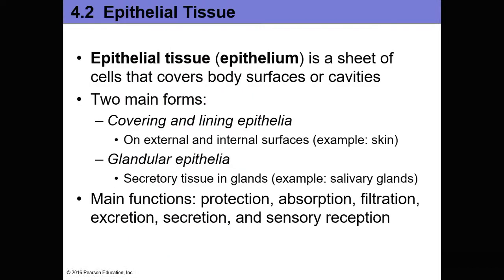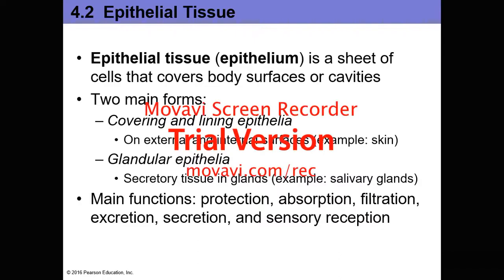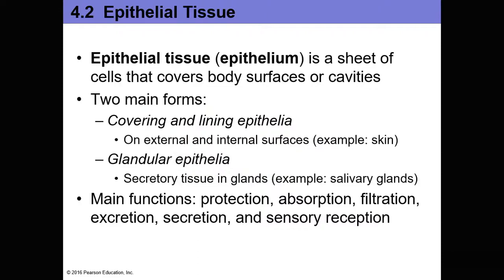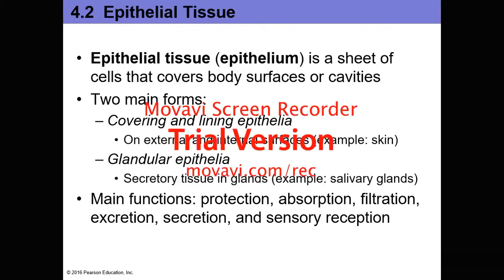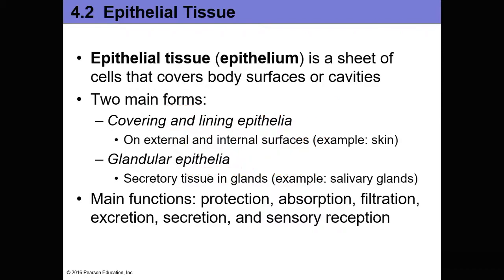Epithelial tissue is a sheet of cells that covers either the external body surfaces or internal cavities. There are 2 main forms: the covering of an external surface, for example your skin, and the lining of internal surfaces. You also have glands. Epithelium makes up glands, and glands secrete chemicals.